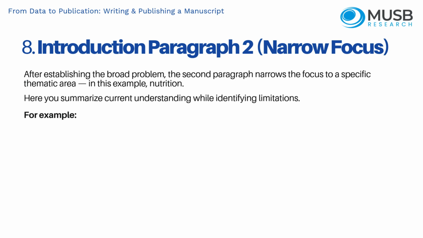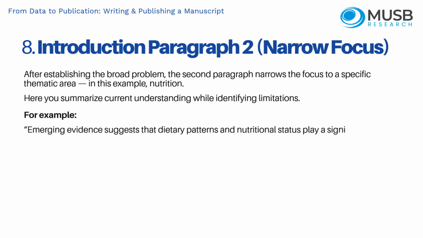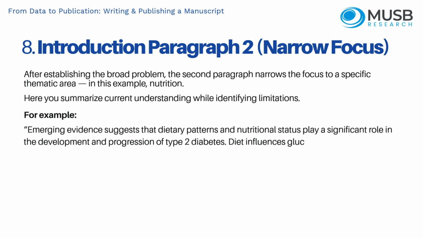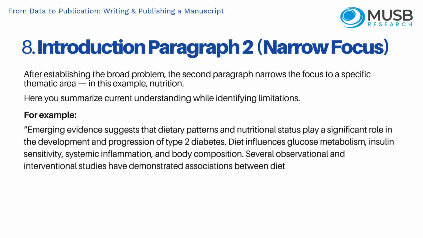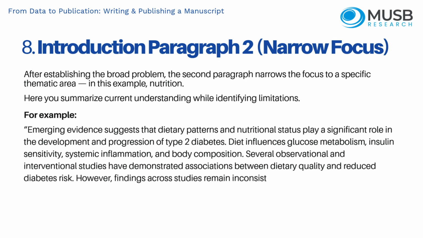For example, emerging evidence suggests that dietary patterns and nutritional status play a significant role in the development and progression of type 2 diabetes. Diet influences glucose metabolism, insulin sensitivity, systemic inflammation, and body composition. Several observational and interventional studies have demonstrated associations between dietary quality and reduced diabetes risk.